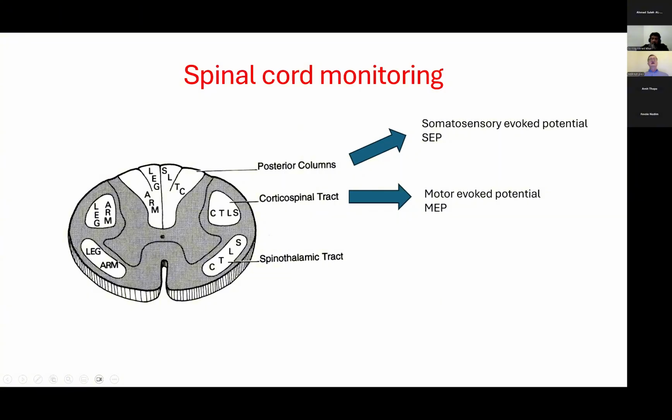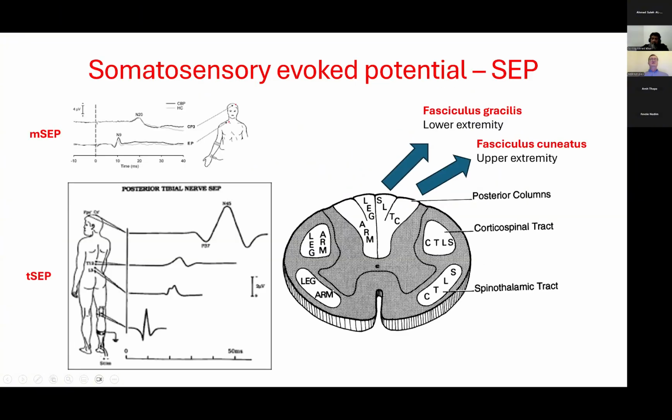At least 100 or 200 stimuli are given, and then you average them. So then it takes 3 to 5 minutes to get a potential, if there is or not.